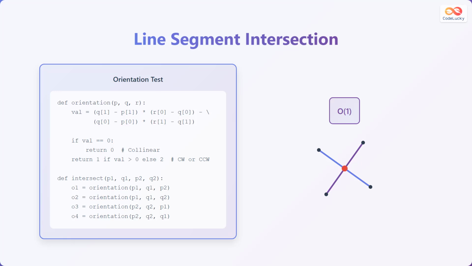The orientation of P2 with respect to the line segment P1, Q1, and the orientation of Q2 with respect to the same line segment should be different. The same needs to hold true for P1 and Q1 with respect to line segment P2, Q2. If these conditions are met, the line segments intersect. The visual representation shows two intersecting line segments and highlights the intersection point. The complexity of the orientation test is O(1).